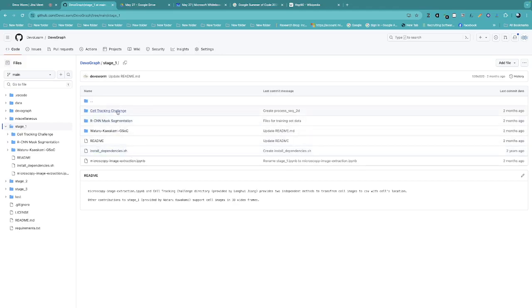We have things related to the cell tracking challenge, which is a data set you can use. There are some things related to mask segmentation, and some stuff here as well where, if you want to use one of the devolearn toolboxes for segmentation, you can. The discussion for that, some of the files for that, are in this area.